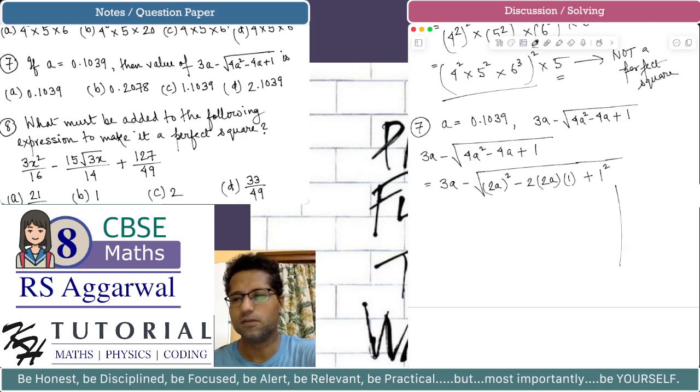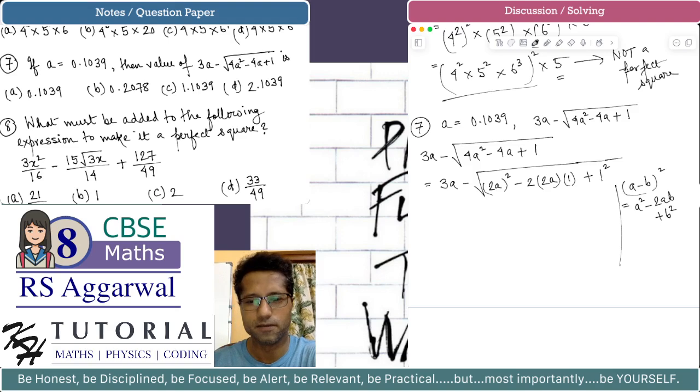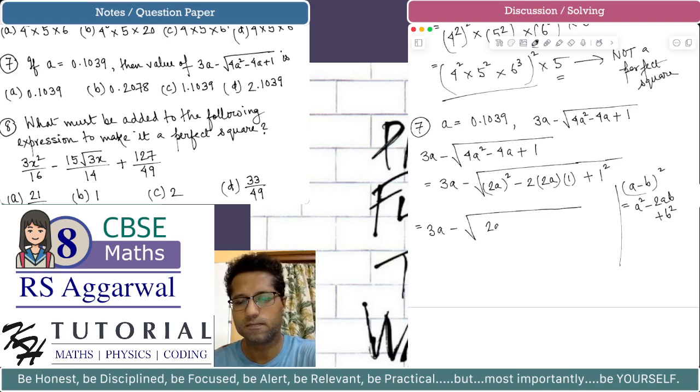So applying the identity of a minus b whole square, which is equal to a square minus 2ab plus b square, this will become 3a minus, inside the square root the term becomes 2a minus 1 whole square.